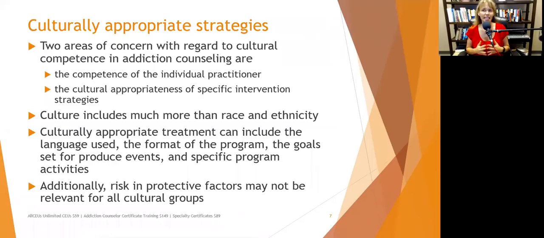And risk and protective factors may not be relevant for all cultural groups. Most of the risk and protective factors that we know about, we've looked at either white American or Black American individuals. We really haven't gotten a really good sample of multicultural risk and protective factors.